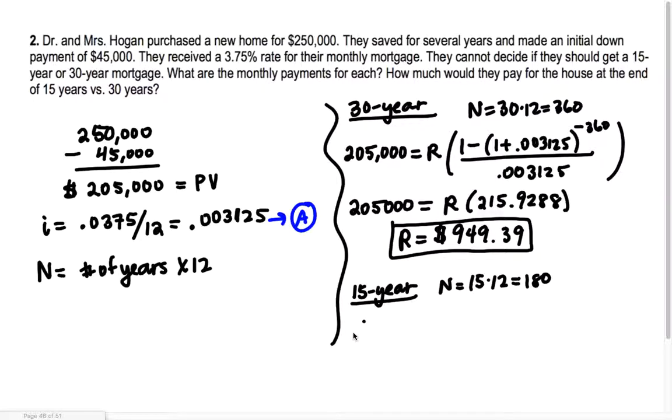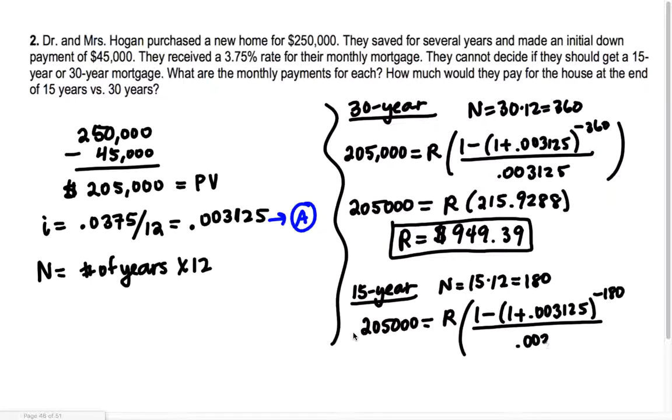Half the payments, right? So we have 205,000 equals R, we're going to set it up the same. So 1 minus 1 plus, but now our 0.003125 is the same, but now we're raising it to the negative 180. Do you guys have it?